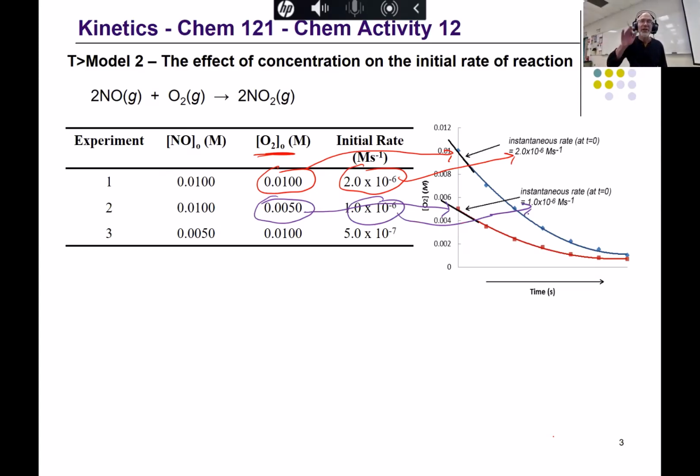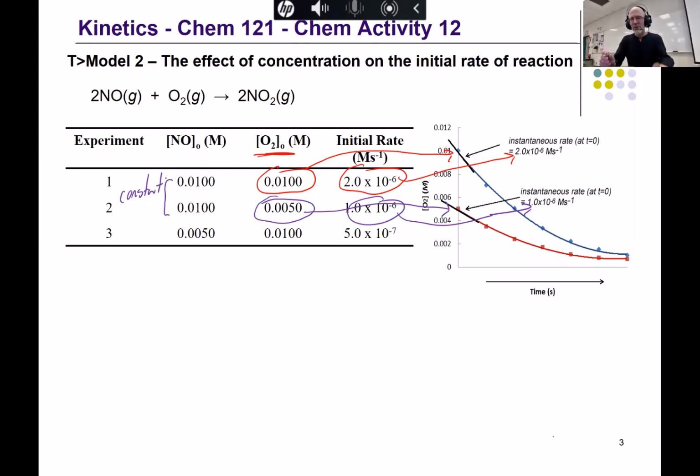And so actually in setting up this experiment, there was some thought into this, that what we're going to do is we're going to halve the oxygen concentration, but because we want to see how does the oxygen impact the rate, look at what we do with the NO concentration between those two experiments. Yes, we keep it constant. So you didn't see that in the graph initially, but that's a strategy so that we can be sure to figure out, well, what's going on with that particular reagent.